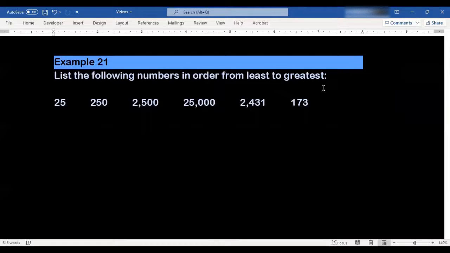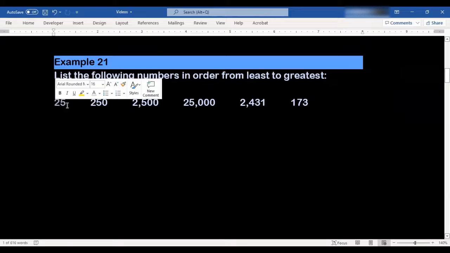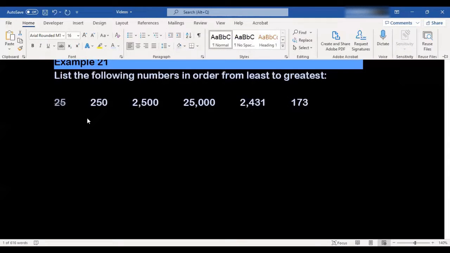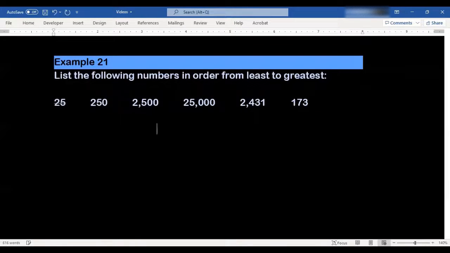For example, I noticed that 25 is the only two-digit number on my list. 250 has 3 digits, and this one's got more, bigger, and bigger. Because 25 is the only number that has 2 digits, that's going to be our smallest one. So let me strike through that and write it on my list.